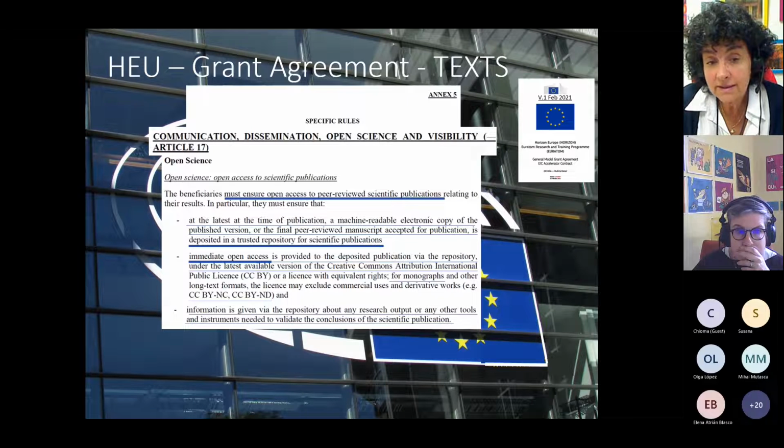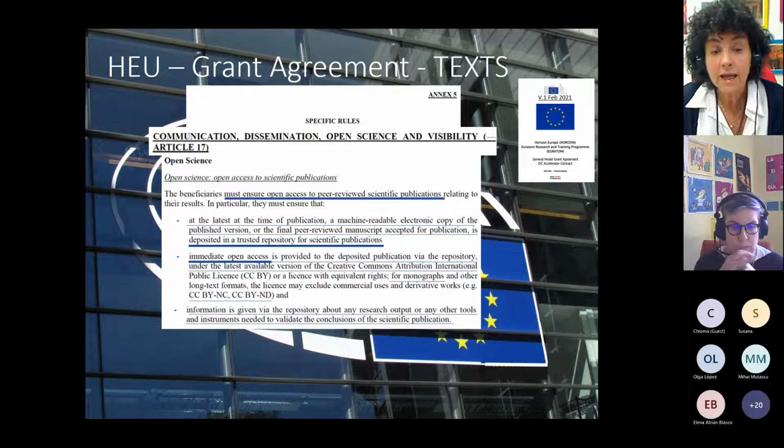In particular, they must ensure that at the latest at the time of publication, so no embargo, a machine-readable electronic copy of the published version or the final peer-reviewed manuscript accepted for publication is deposited in a trusted repository for scientific publications.